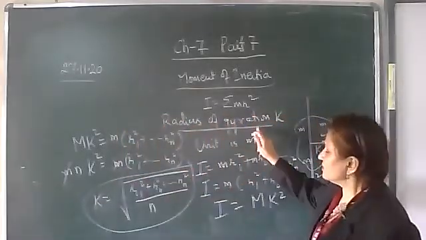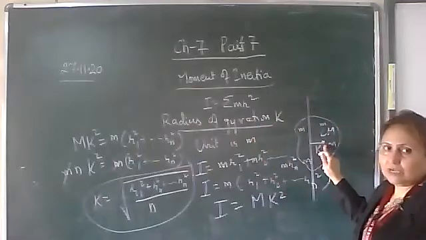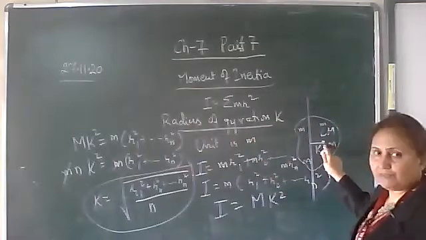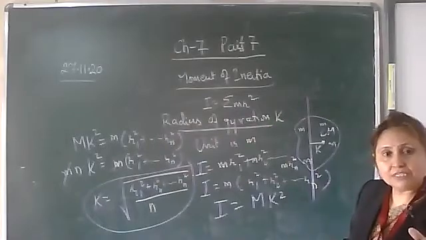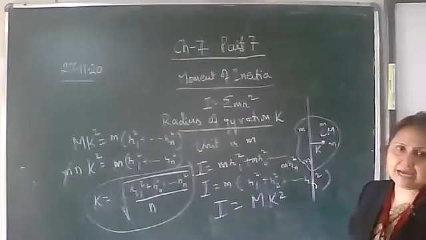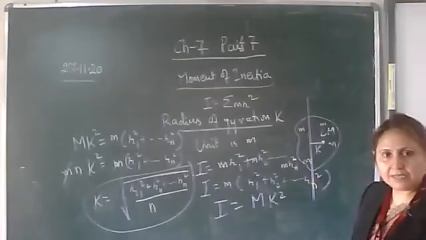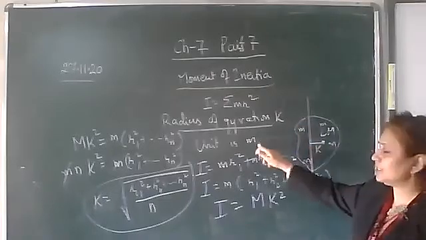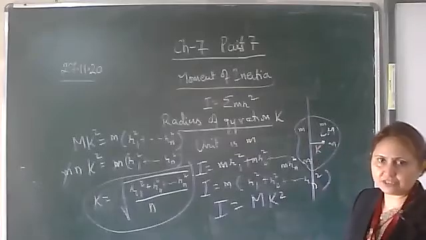What is radius of gyration? It is the perpendicular distance between the center of mass and the axis of rotation. The perpendicular distance of the center of mass from the axis of rotation we call the radius of gyration, represented by k. As it is the distance, its unit is meter. So this k distance we call the radius of gyration.